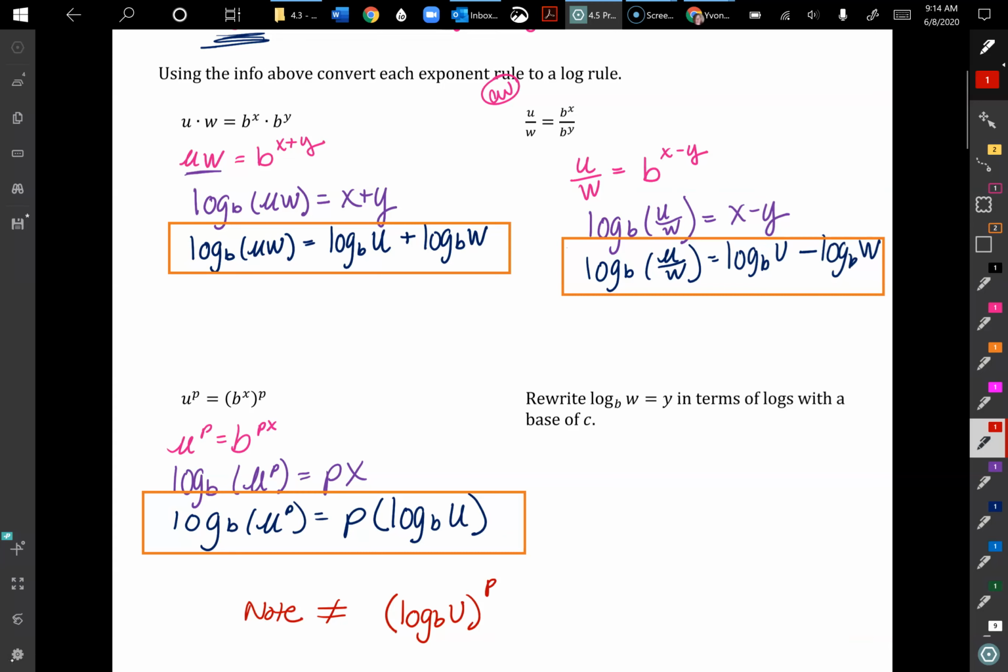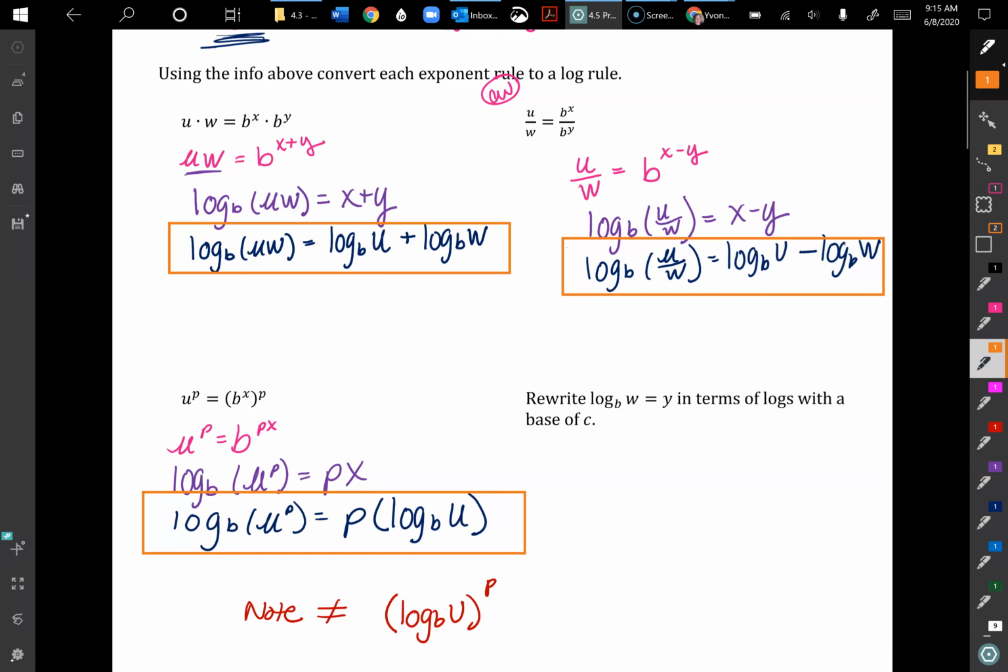That's not what this property is saying. Okay, so you really have to note where the parentheses are. A lot of times it just looks like this, log base b of u to the p. There's not parentheses around the u to the p. Just want to clarify that.